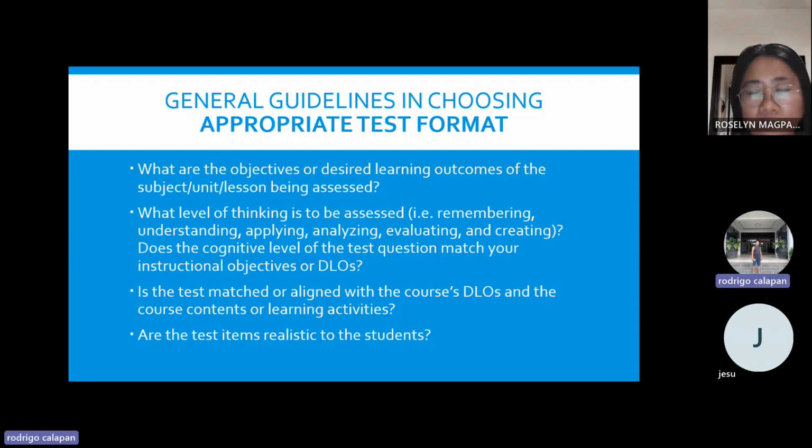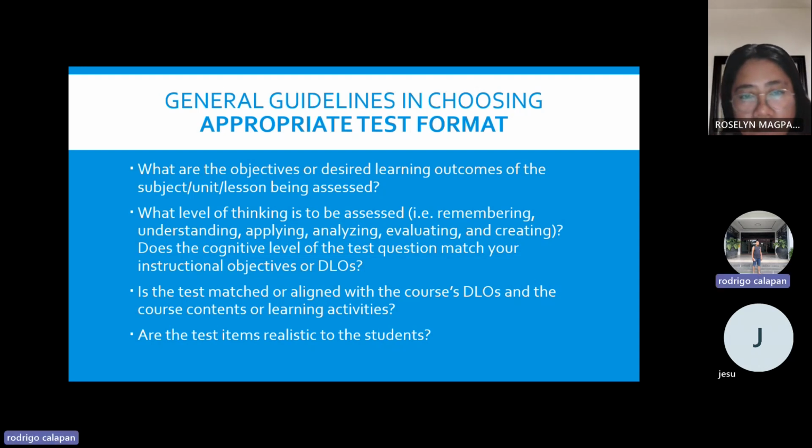If you have not taught it, or especially if it is not part of the learning competencies, and then you put it in the exam, that is unethical. You are assuming your students can go beyond what you are thinking of, so that should not be done. So are the test items realistic to the students?